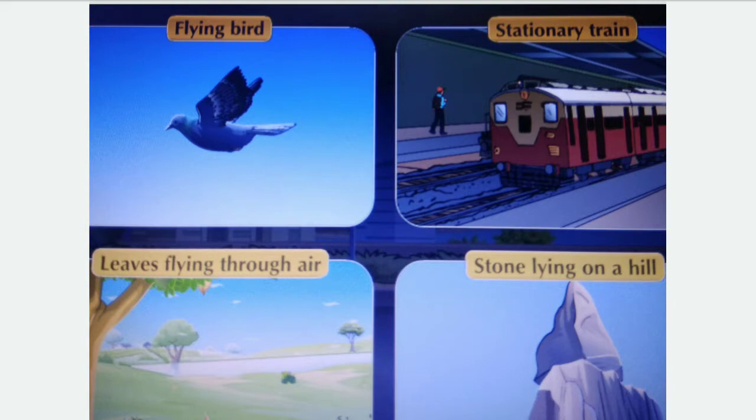See the slide. In the first picture we can observe the bird is flying. In the second picture we can say that the train is at a stationary position. That means the train is at rest. The train is on the platform.